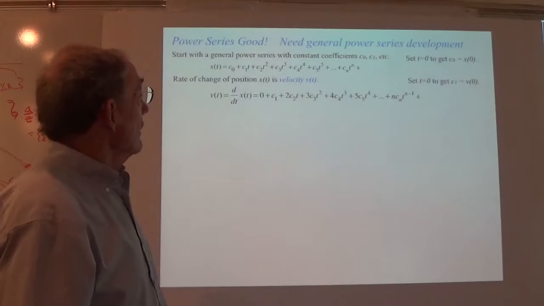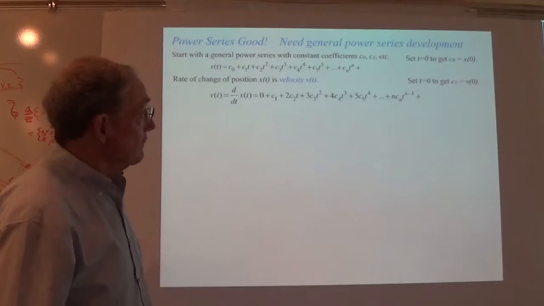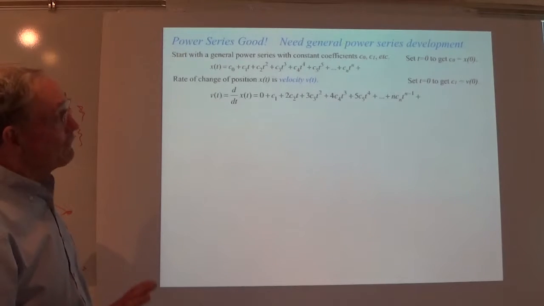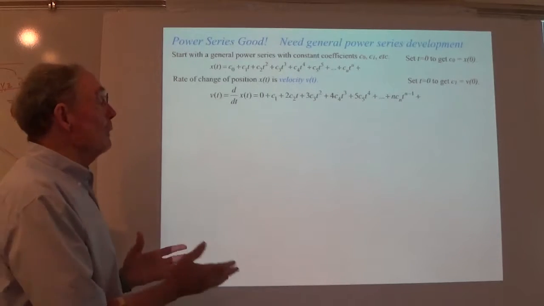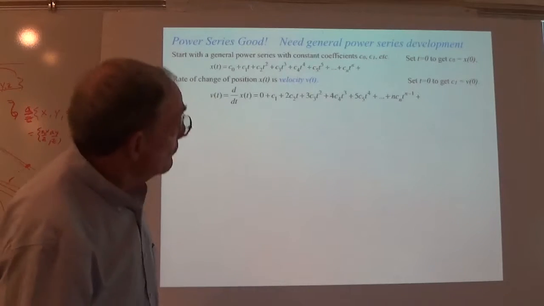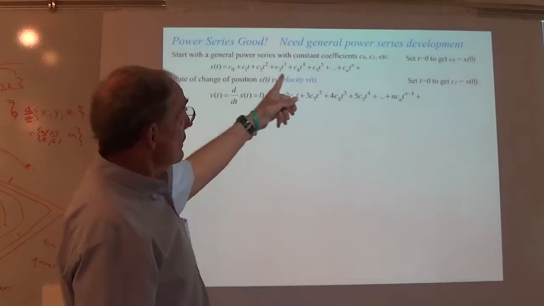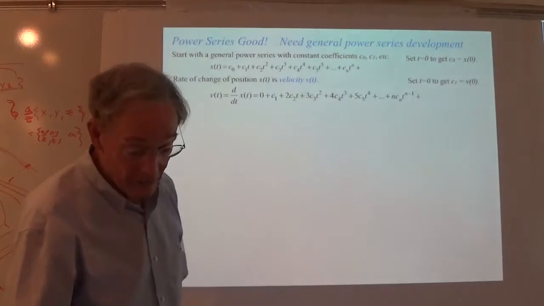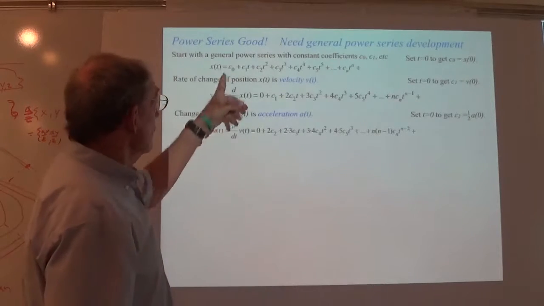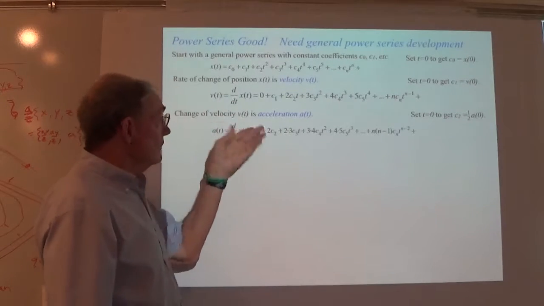Now, let's just take a look at a general function. Once again, I want to go through the thing where we scan the derivatives for first terminology, but also the algebra that goes with it. So if I have a series like this, a power series like this, and I ask, well, what's the velocity? Okay, I take the first derivative, and then I take another derivative to get to acceleration.